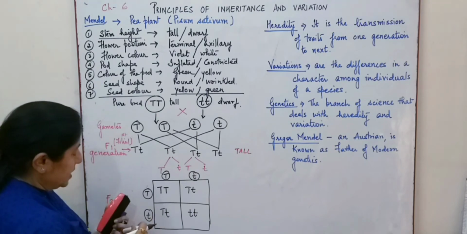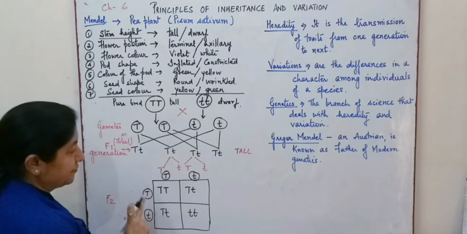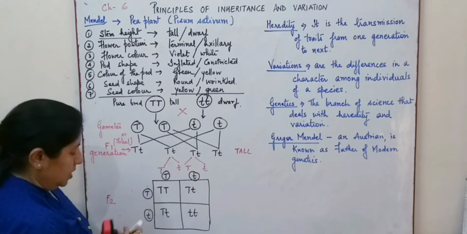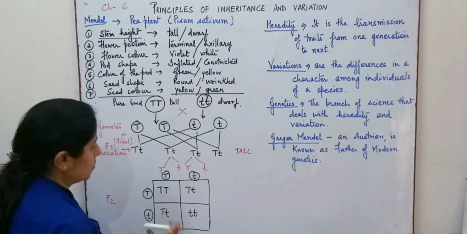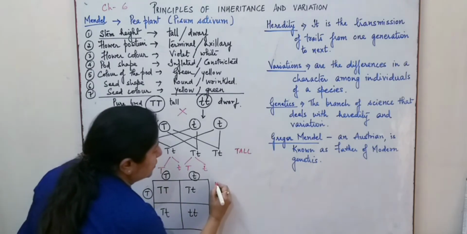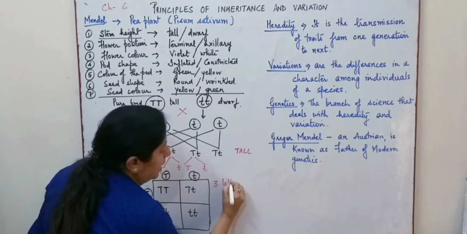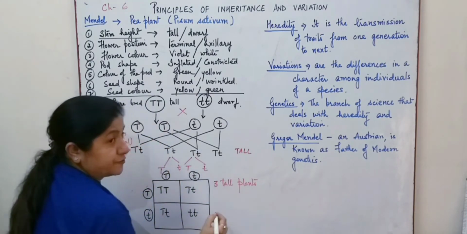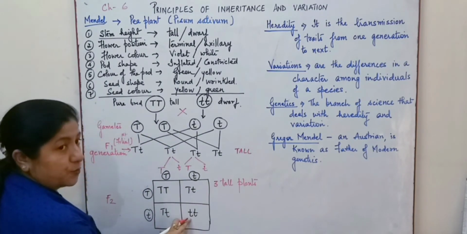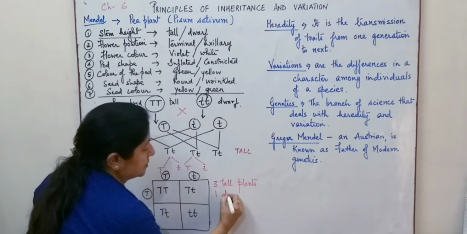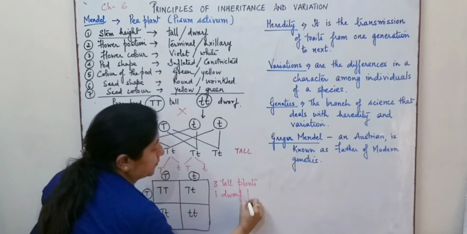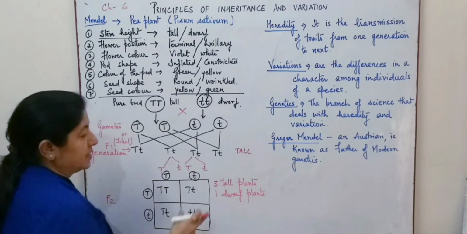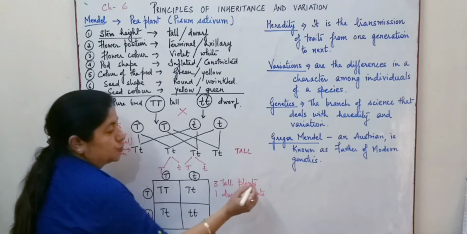Now here he found that in the F2 generation, 3 plants were tall. So what he observed was 3 tall plants, we are talking of F2 generation, and 1 dwarf plant. These are observable characters, 3 tall plants and 1 dwarf plant.